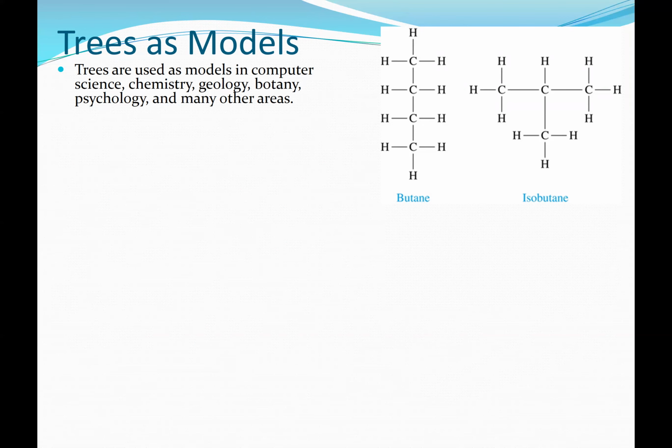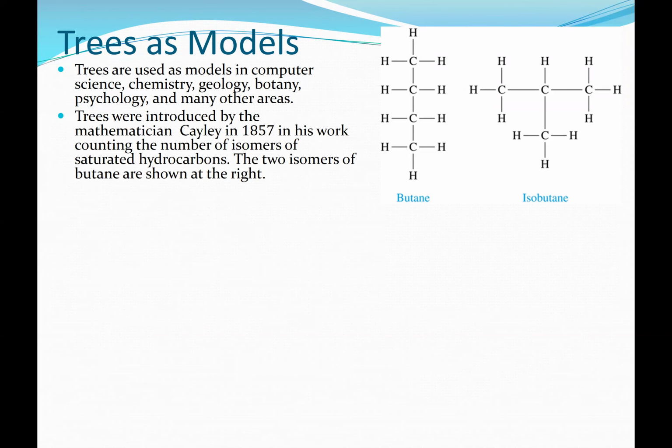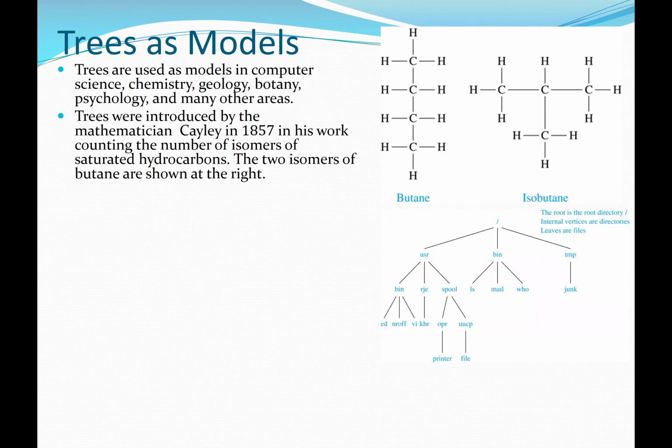So that's a tree. Trees were introduced by the mathematician Cayley in 1857, and his work was amazing, counting the number of isomers of saturated hydrocarbons.